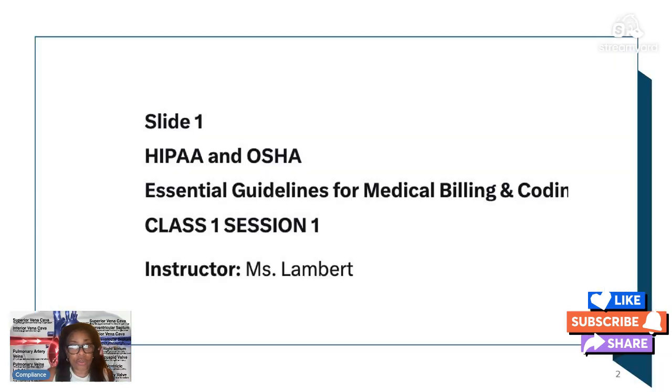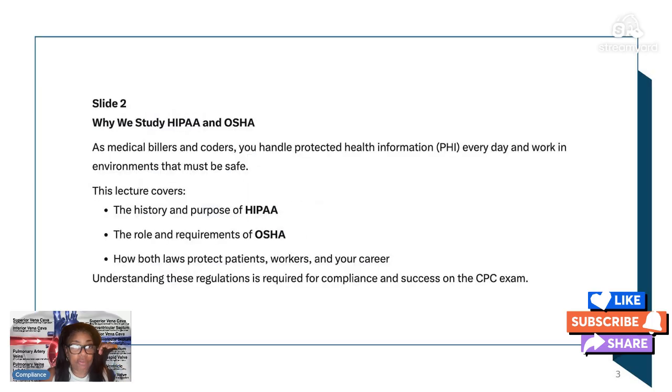We're just going to go through the slides quickly. These are your essential guidelines in medical coding that have to do with the coding exam. Everything has to do with the coding exam. So again, why do we study HIPAA and OSHA? In your case, it may be on your test. You need to know what PHI is, protected health information.